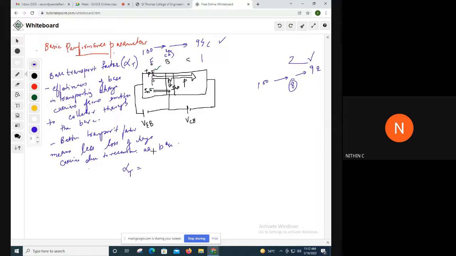That can be mathematically represented as the collector current I_pC divided by the emitted holes, I_pE. So the ratio, for example 92 by 100. That is actually the current at the collector, that is I_pC, and the holes injected from the emitter, that is represented as I_pE.